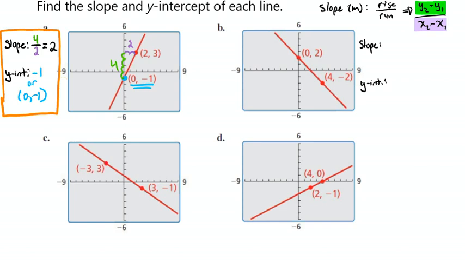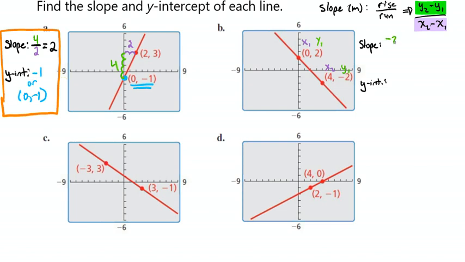So let's move over to letter B and give that a try. We're going to do this one a little bit different. Instead of counting our rise and our run, we're going to calculate it this time. Here we have an x1 value and a y1 value, and I just picked them because I came across them first. Then this would be my x2 value and my y2 value. Technically I can plug those in.